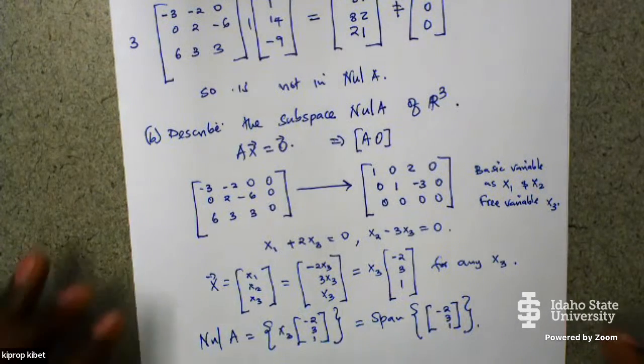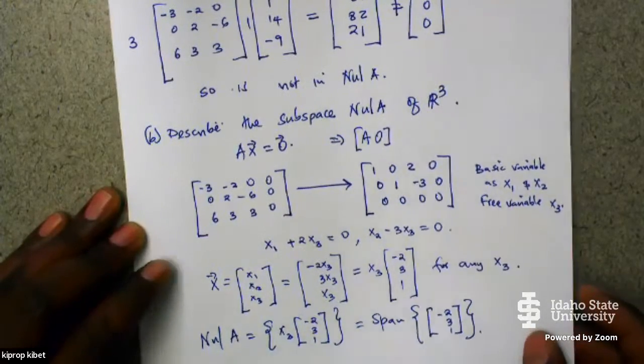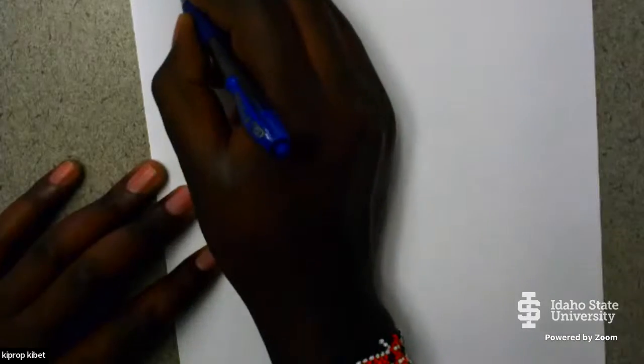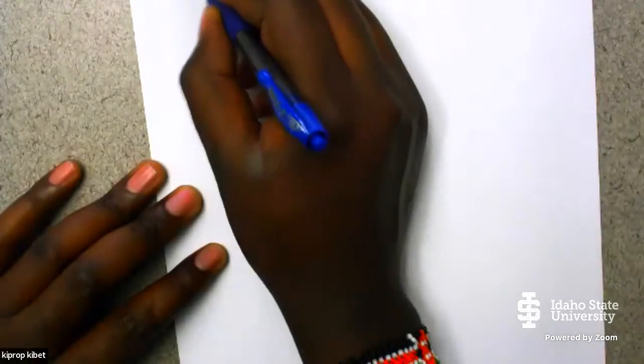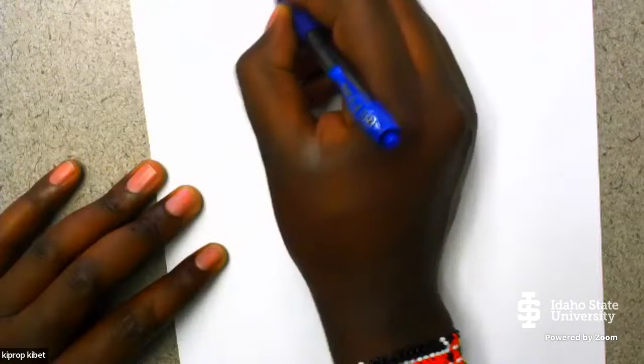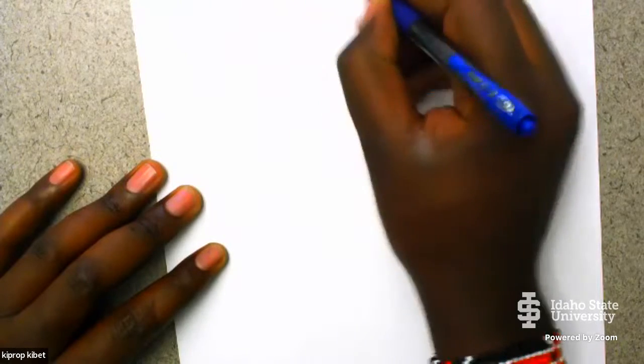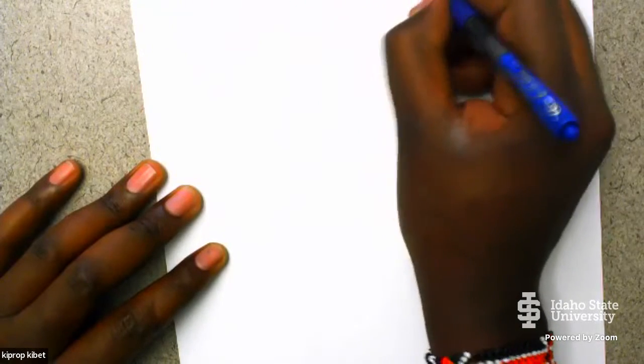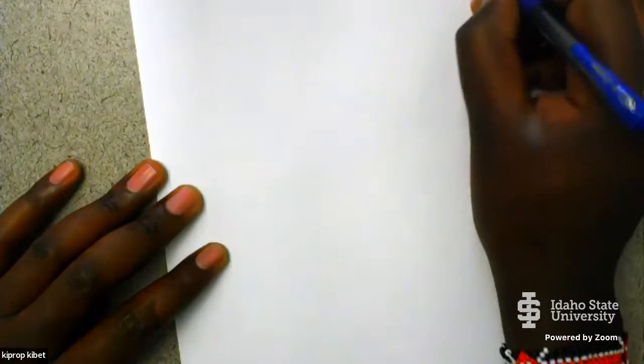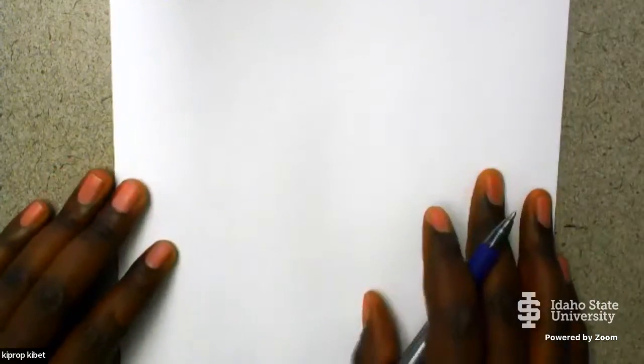Okay. Now let's come to the next section, which is the basis for a subspace of Rn.